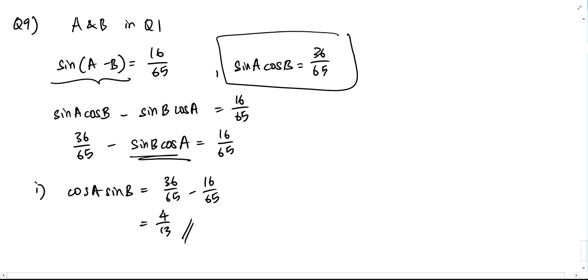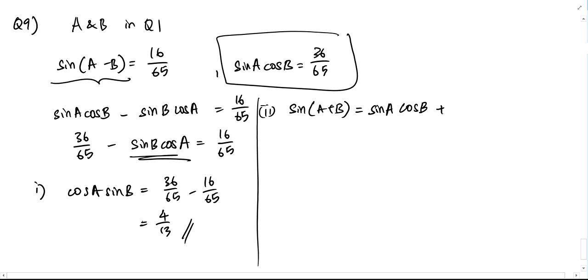Now for part 2, we require sine of A plus B, which we can expand. Sine A cosine B, this time is a plus. We follow the sign for the expansions on sine.